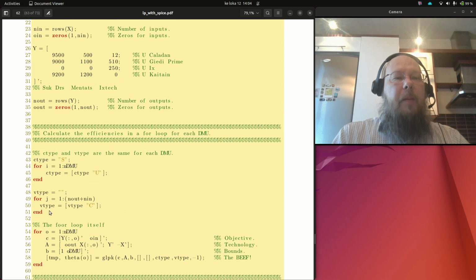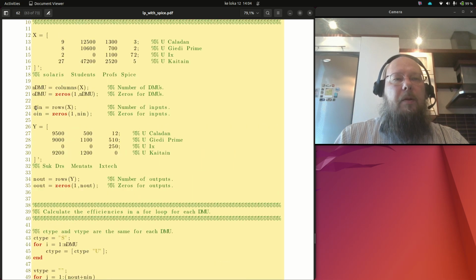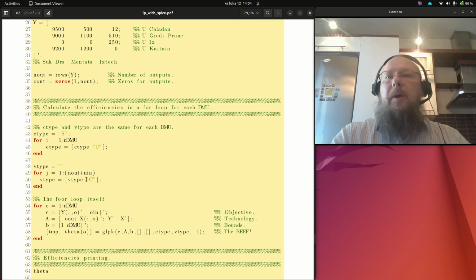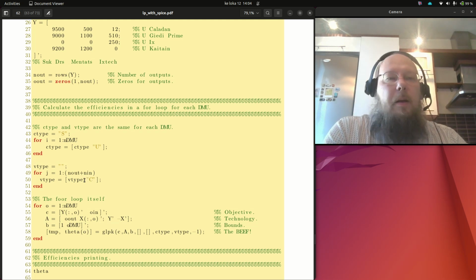So I have n out, the number of output variables, plus n in, the number of input variables. So j goes from 1 to, and note that there have to be parentheses, n out plus n in. N in is the rows of x and n out is the rows of y. I begin with an empty string, and in this loop I append with c. So after this, V type will be a string of c's with length n out plus n in.